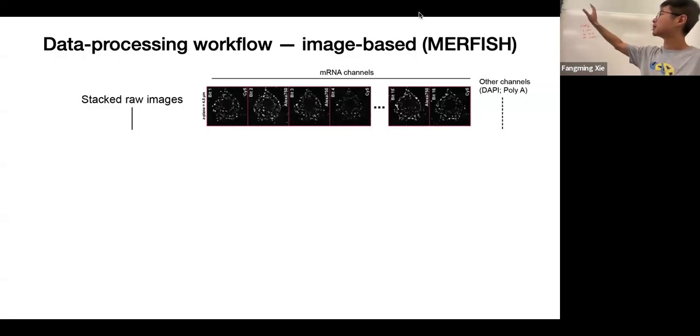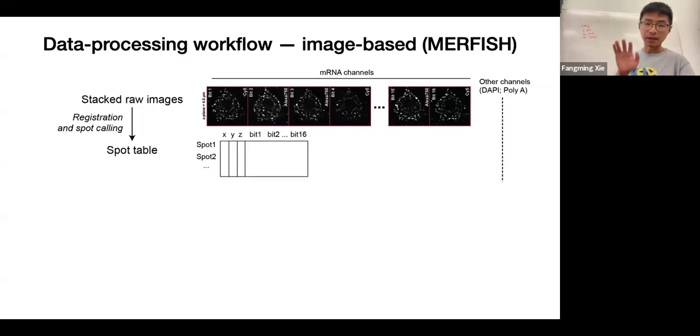How do you get from raw images to the cell table? First of all, they take many different images of the same cells. So this is one example. For the same cell, you have 16 rounds of imaging. Each round is conceptually called 1 bit. You extract a 1 bit barcode from each round of imaging, so that you stack them up and make sure which spot is which.